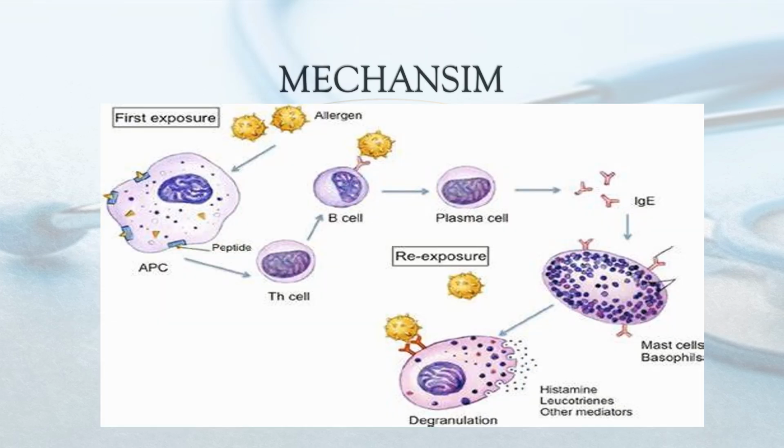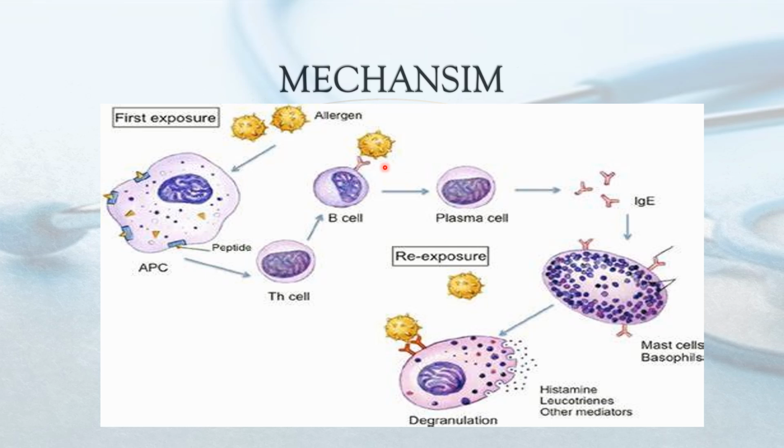So the mechanism might look complex over here, but it is a very interesting and very easy mechanism. When the first exposure occurs, the APC processes the antigen and presents it to the Th2 cells. Now the Th2 cells release interleukin 4 and interleukin 13, which activate the B cell.